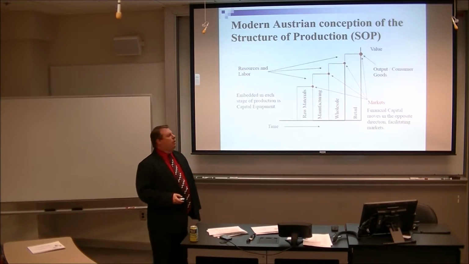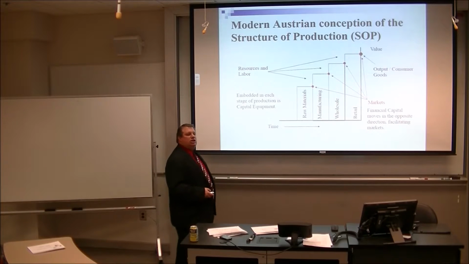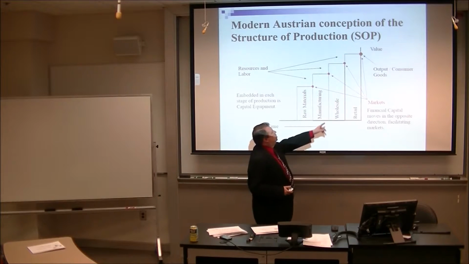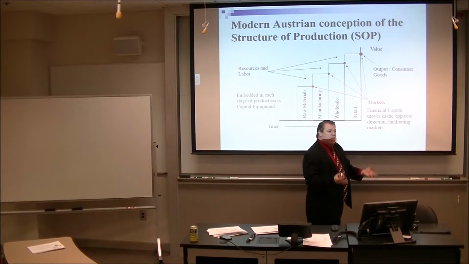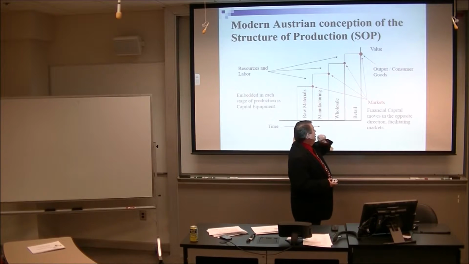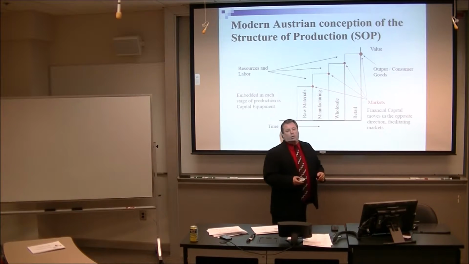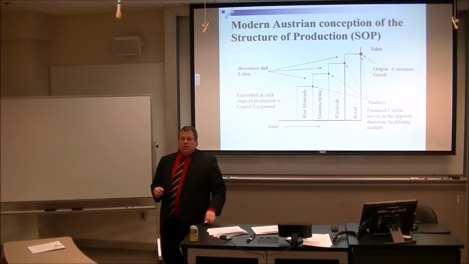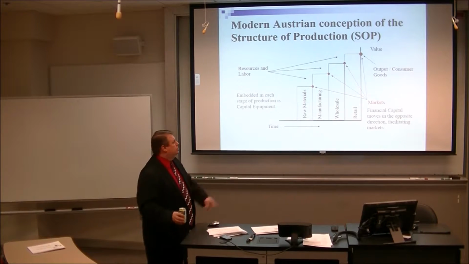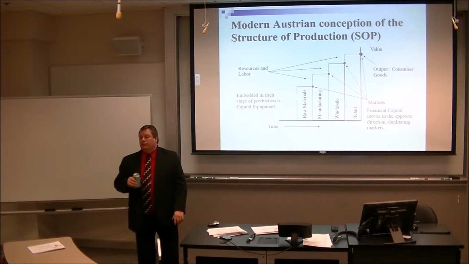And then we have markets between each and every one of these stages. So up here at the very top, you have the consumers who are making a purchase, and they're buying from the retailer. The retailer then is buying from the wholesaler. The retailer's demand curve for wholesale goods is based upon the demand curve from the consumers.